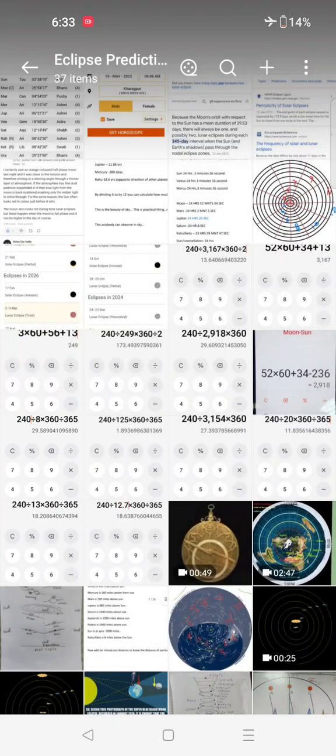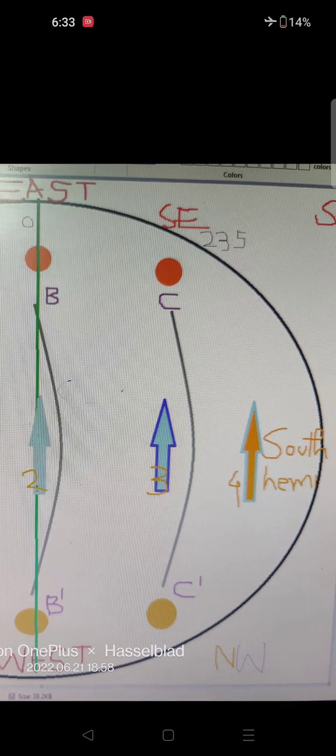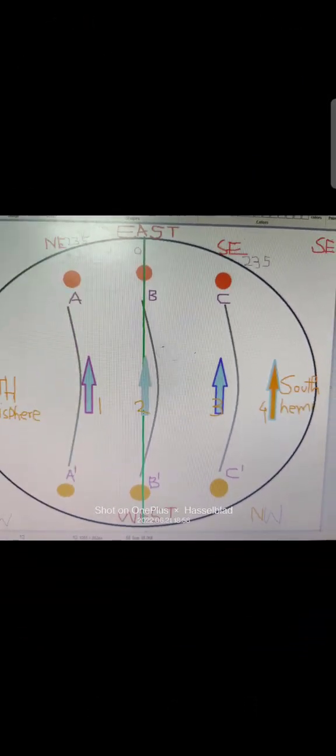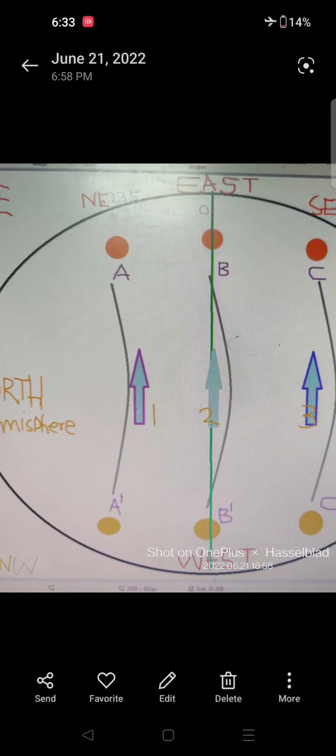So by 14.75 years, Saturn will be seen once in the south sky, and again it will be seen in the north sky after 14.75 years. Again after 14.75 years it will go to the south sky.